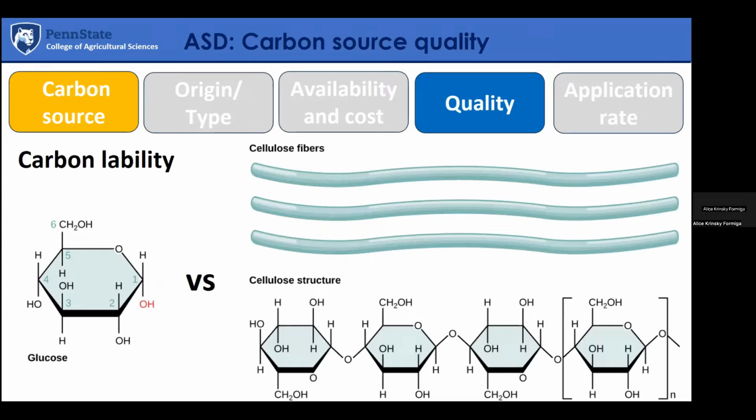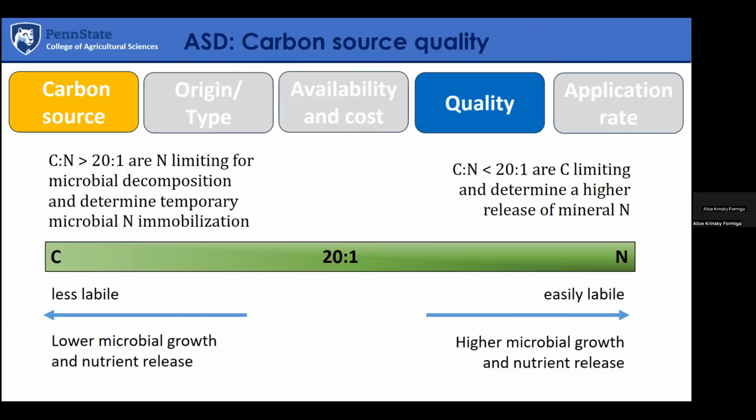Now, in the last webinar, we talked about the fact that because we have a lot of cellulose in cover crops or plant material, it is not as degradable as simple sugars like glucose or saccharose. And so that is a limitation of using cover crops as a carbon source.